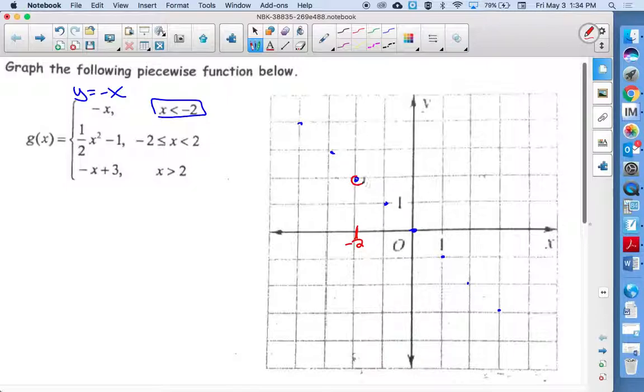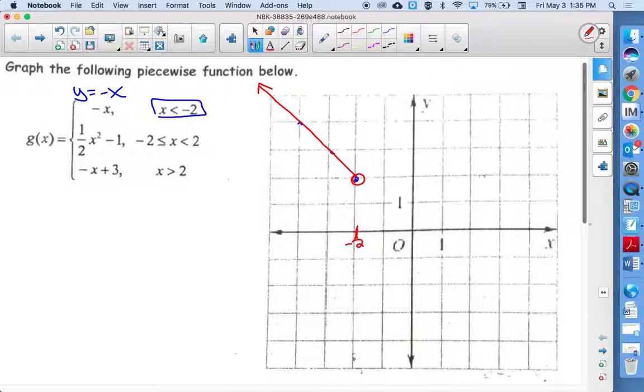An open circle, and then which way would you shape, or connect the points, I should say? Yeah, so you're going to the left, which is up, because that's the direction the line's going. But it's really left, because less than means left when we're talking about an x value. The rest of the line, if you're doing it in pencil, erase it. It's gone.